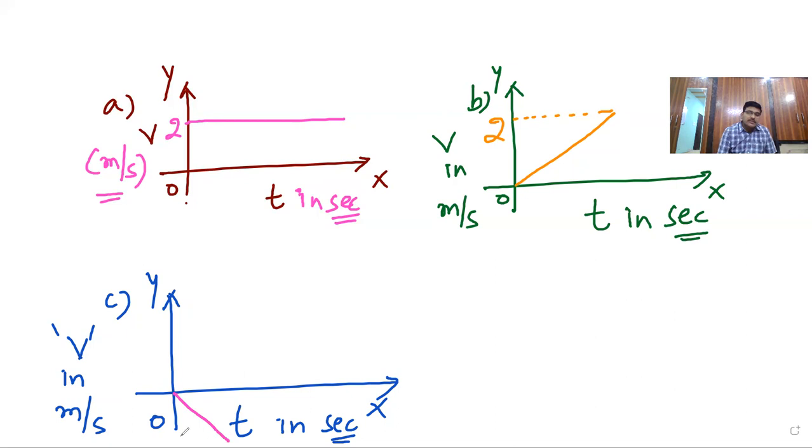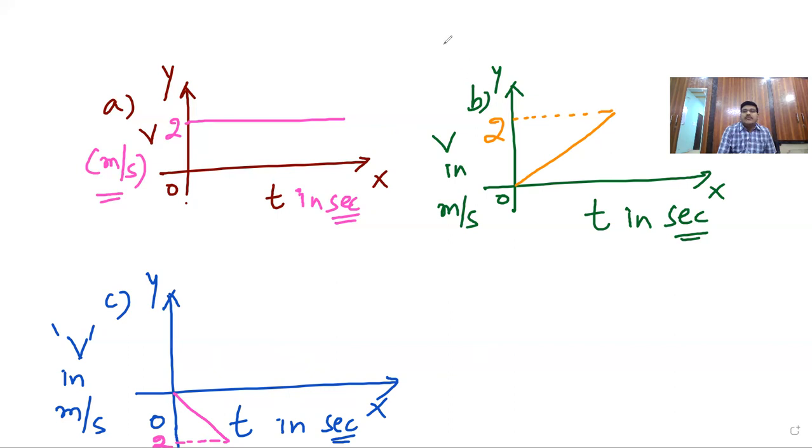And here the dotted lines show velocity is 2 meters per second, given. Clear? That was the option.